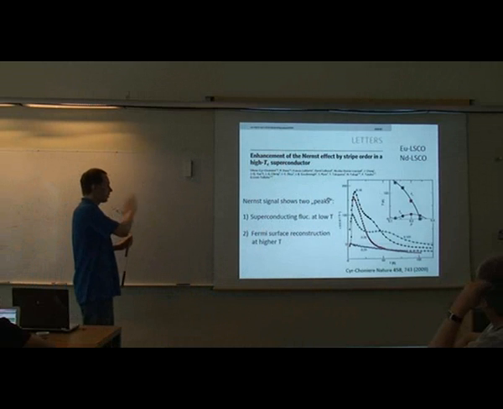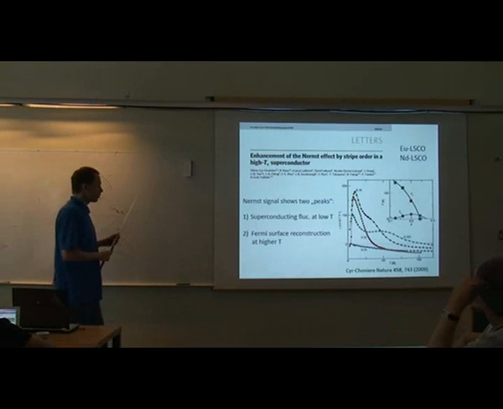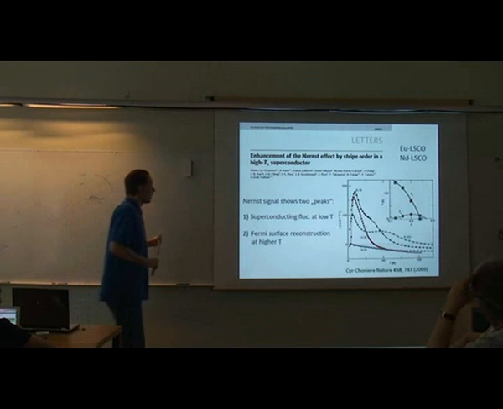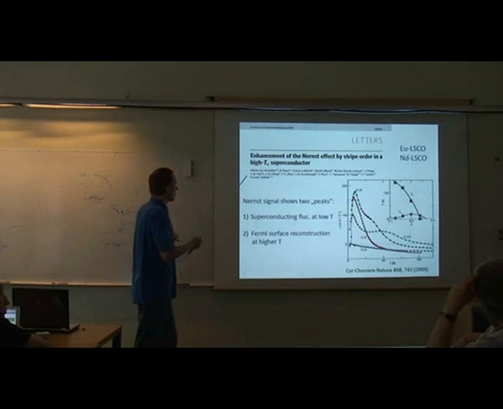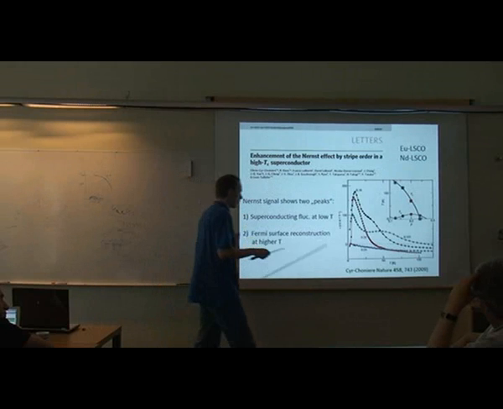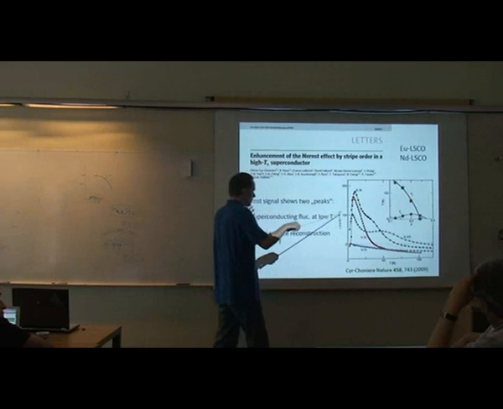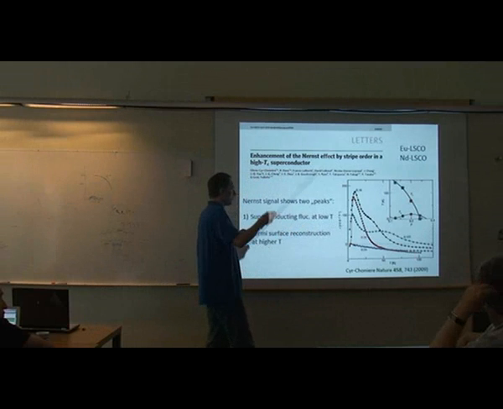Now let's put these theoretical things aside and start with this interesting experiment that came up last year. The title simply tells what is proposed. You see, if you measure the Nernst effect, it's the Nernst coefficient essentially, which is the signal divided by field strength.